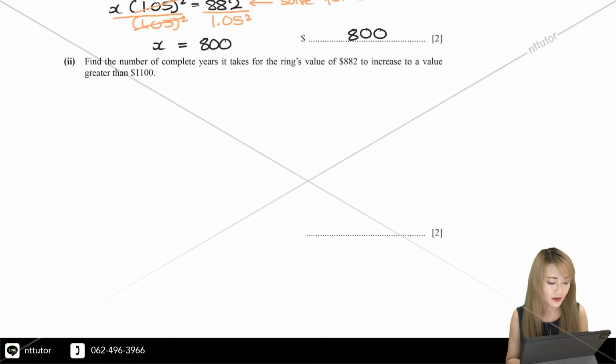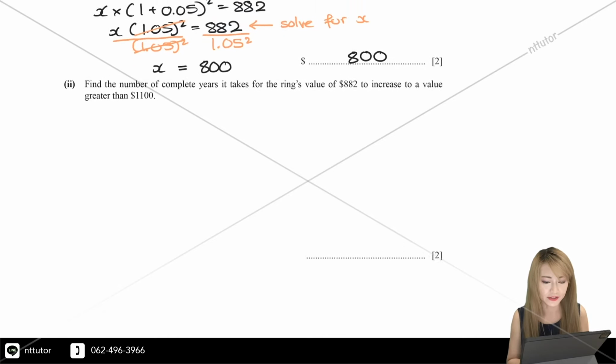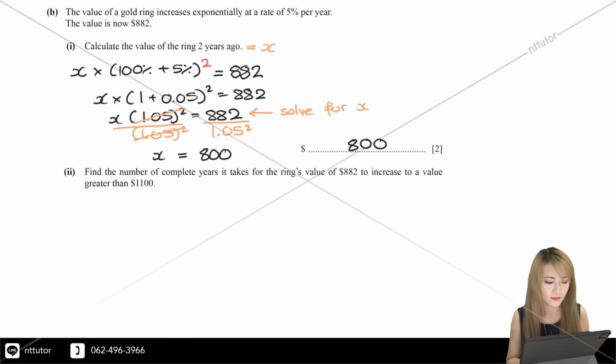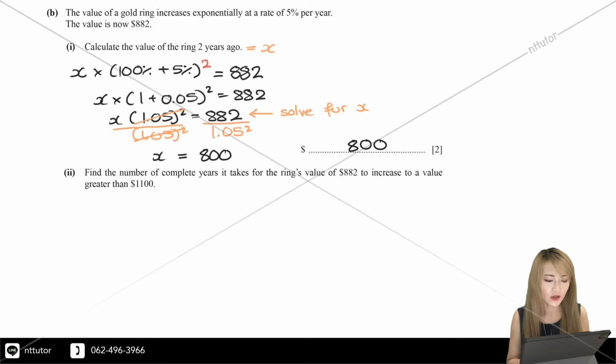2. Find the number of complete years it takes for the ring's value of 882 to increase to a value greater than $1,100. So we start with $882. We know that it increases exponentially 5% per year.